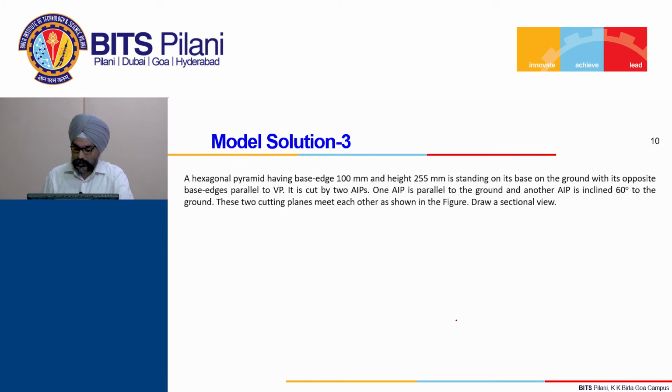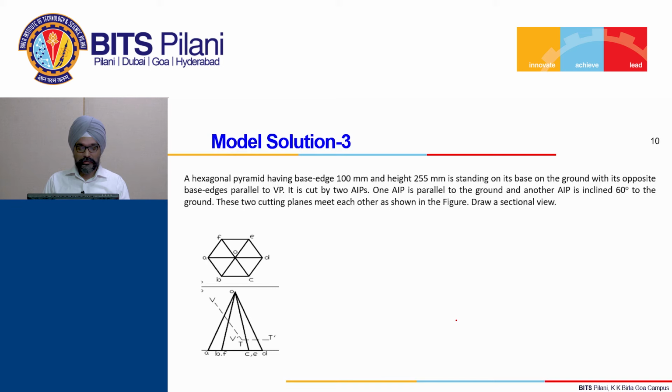So this was another type of problem where we had the section plane located in the top view. In the first case, the section plane was located in the front view. In the second problem, the section plane was located in the top view. In the third problem, we have two section planes. You can see a hexagonal pyramid having base edge 100 mm and height 255 mm is standing on its base on the ground with its opposite base edges parallel to VP.